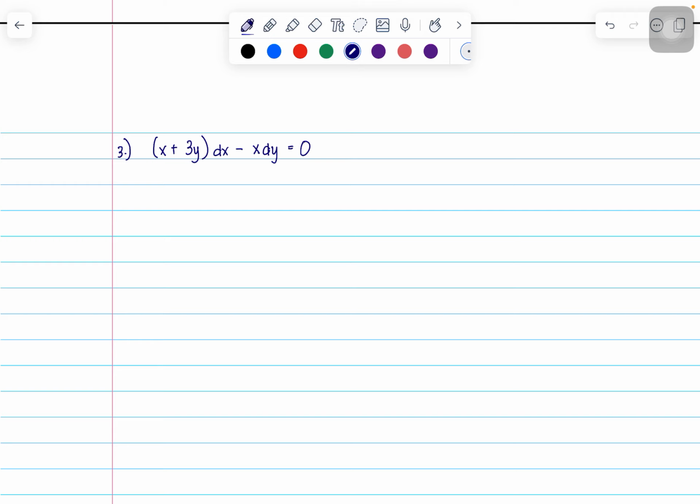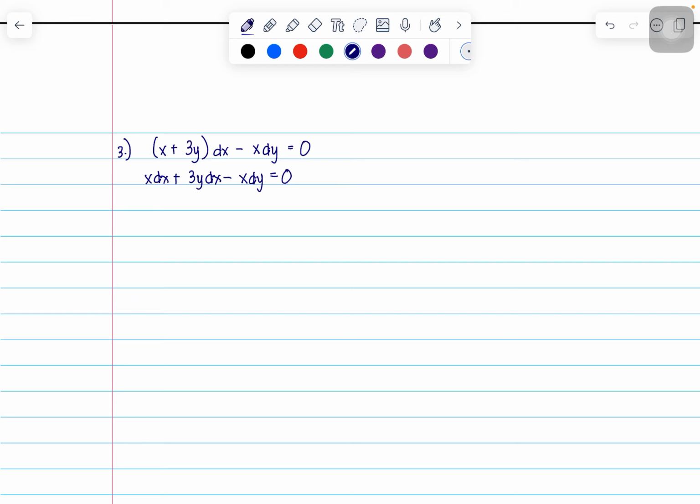So let's distribute the first term. So we have x dx plus 3y dx minus x dy is equal to 0.